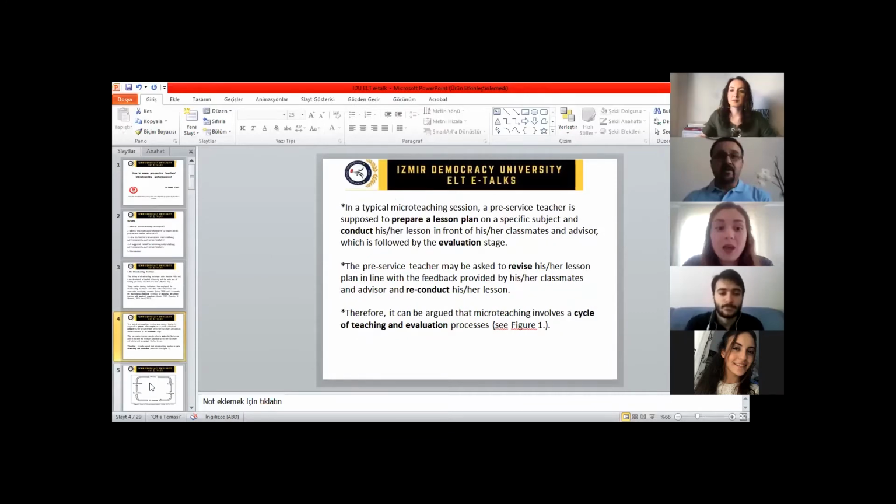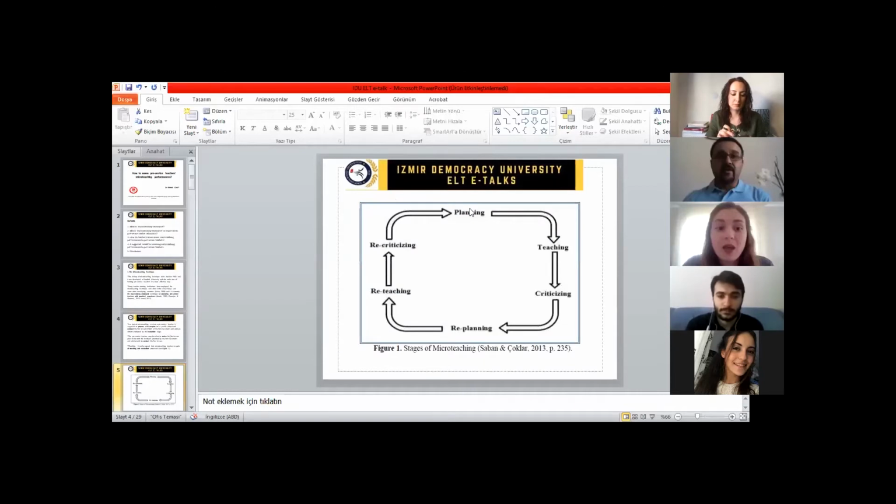First of all, the student teacher is asked to prepare a lesson plan, probably on a pre-specified linguistic skill or language area. Then the pre-service teacher conducts his or her lesson in front of his or her advisor and classmates. Then at the end of the teaching stage, the feedback stage starts.